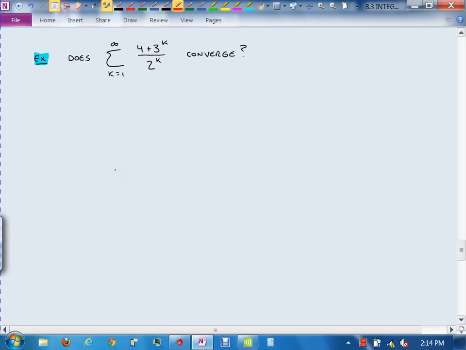If you look at these and do L'Hopital on this, or you don't even need L'Hopital, what happens? Each of these guys is getting smaller, so they're going towards zero. But when you add them up, it goes to infinity. Each of these is getting smaller, they're going to zero, but when you add them up, you get a number. So just because the pieces individually go to zero doesn't mean you can tell me if it converges or not.